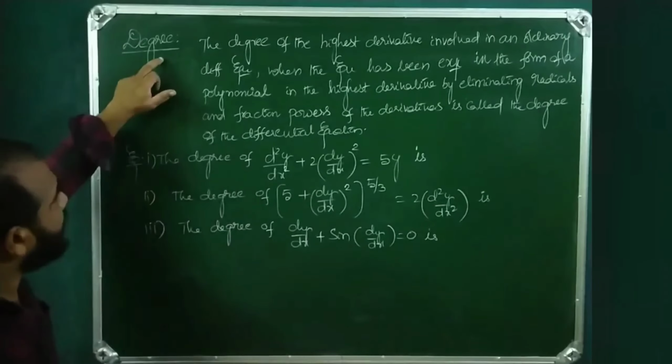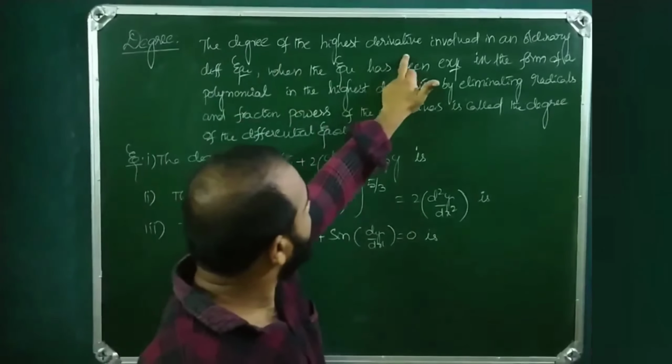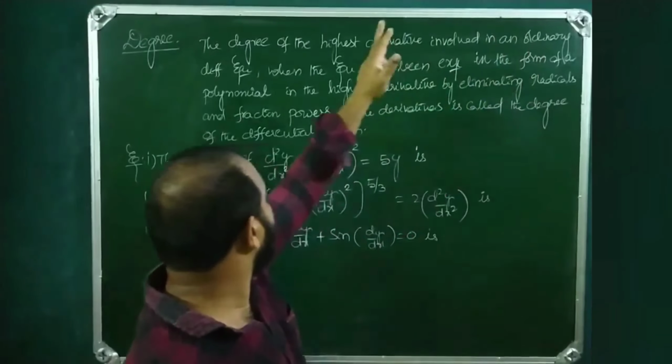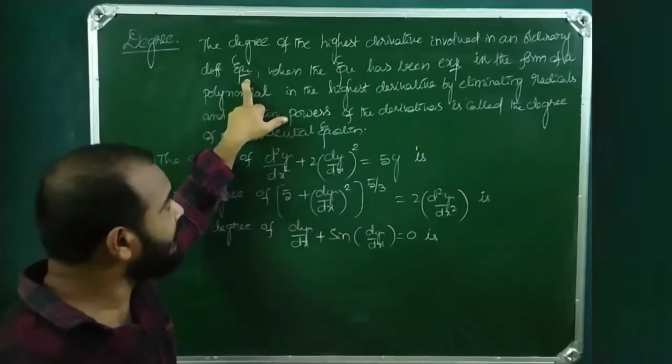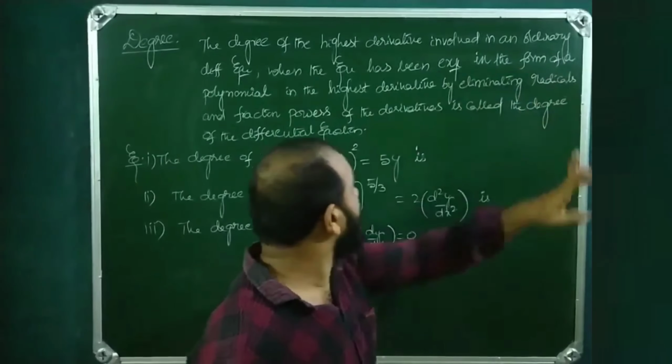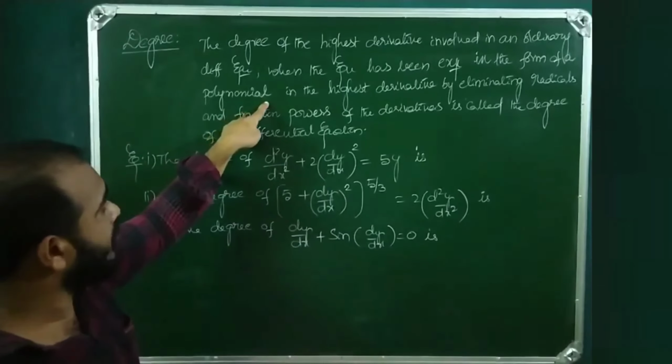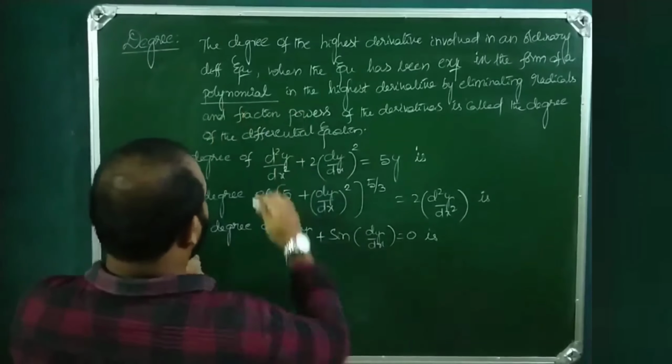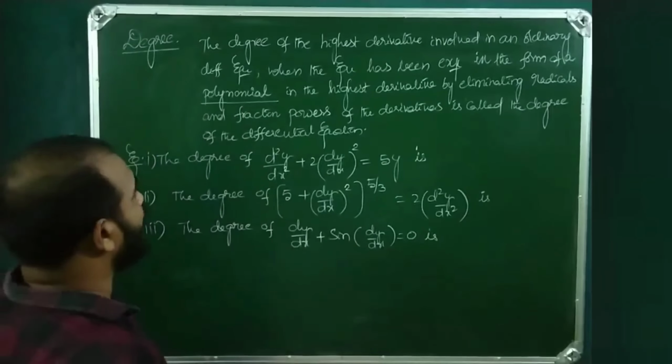Now the degree. The degree of the highest derivative involved in an ordinary differential equation, when the equation has been expressed in the form of a polynomial. So underline this, polynomial.